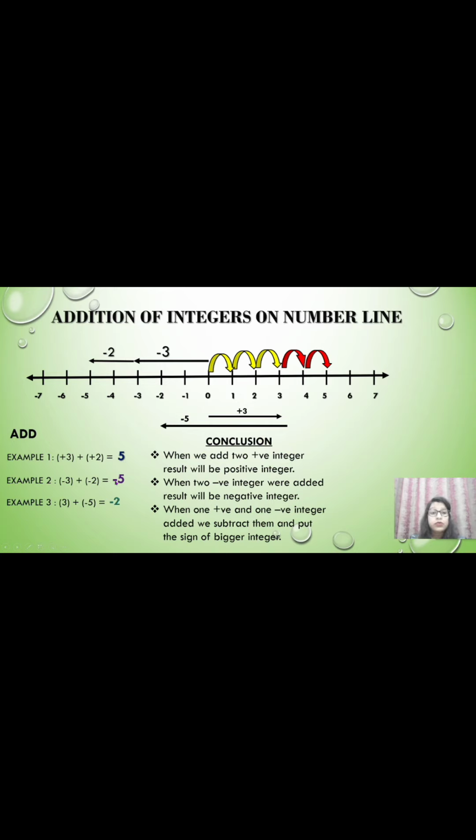Second, when 2 negative integers are added, the result will be a negative integer. Like we have 2 numbers, minus 3 and minus 2. Both are negative integers and their sum is also a negative integer. That means we add the numbers, but the result will become a negative integer.